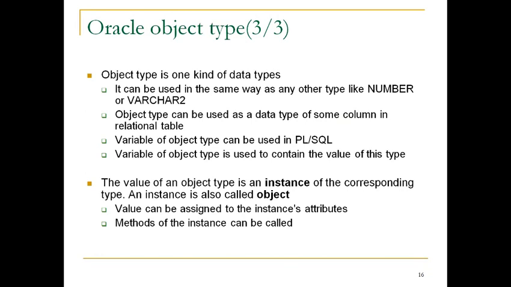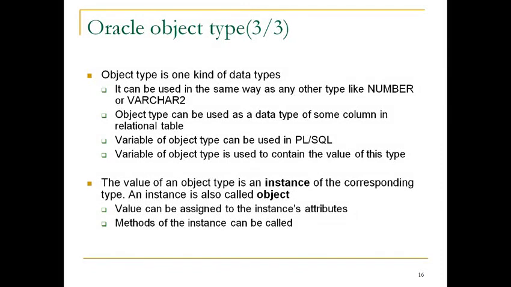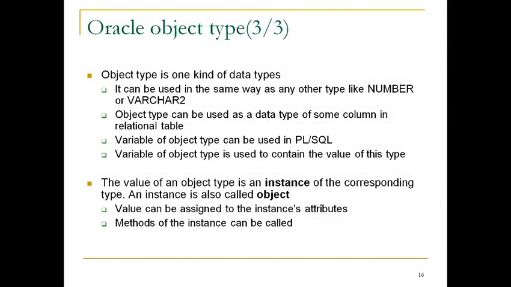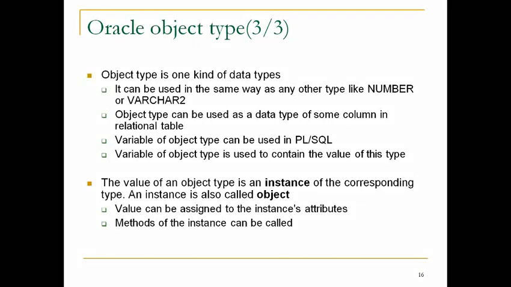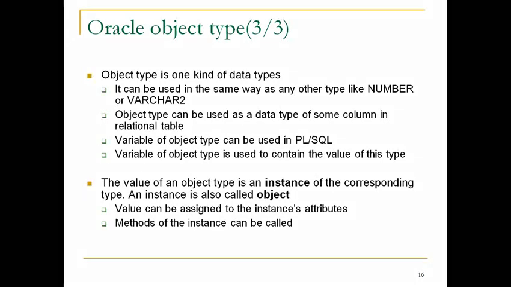This Oracle object type, or these classes that we create, can be further used as any other type in Oracle. When you create this object type, you can then use it in the same way as you use, for example, type number. And there are some examples. How can you use them? For example, that object type can be used as a type of the column data.